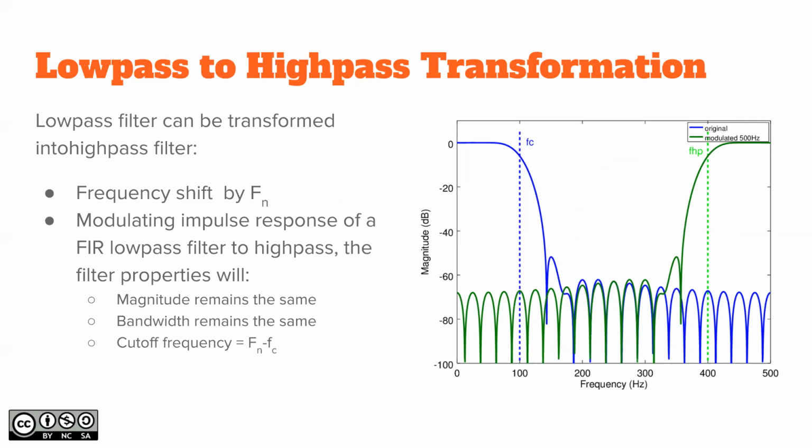This is how you do high pass filters. It's practically just modulation by the sampling rate divided by 2. Okay, sampling rate divided by 2 is the highest frequency. It's the Nyquist rate. And basically, if you do the modulation, then it just shifts this part.